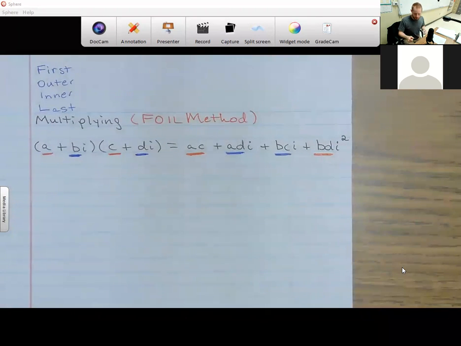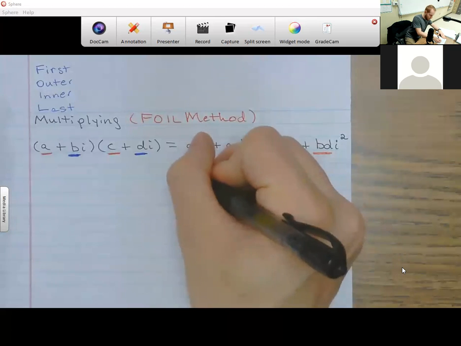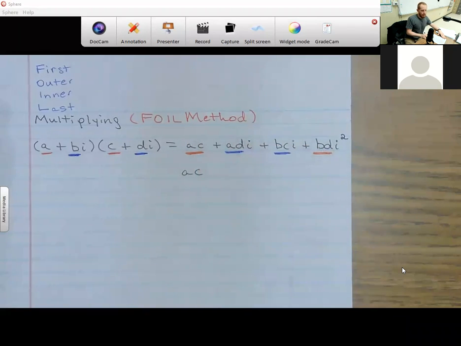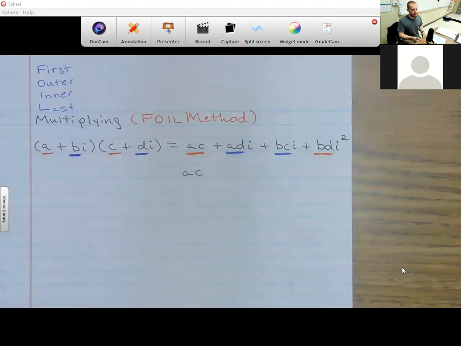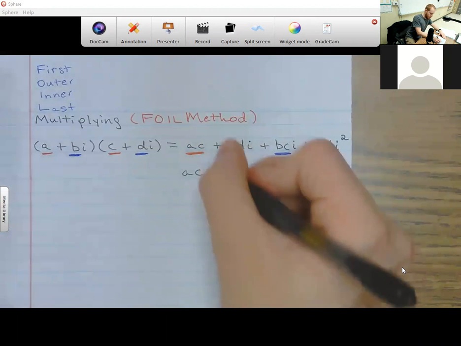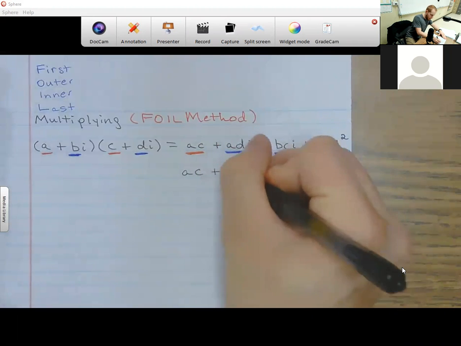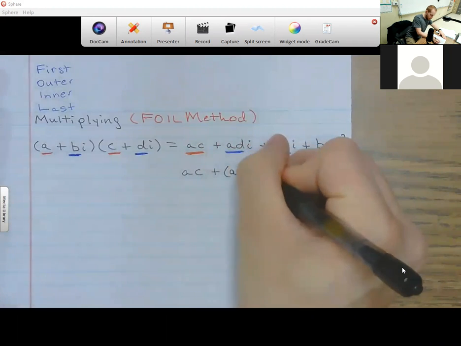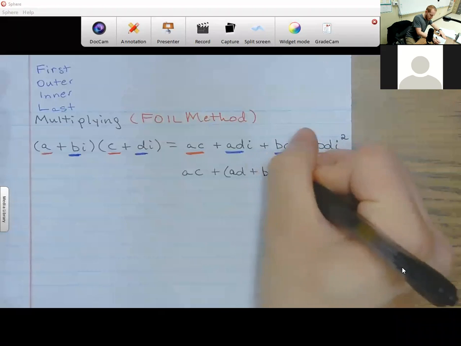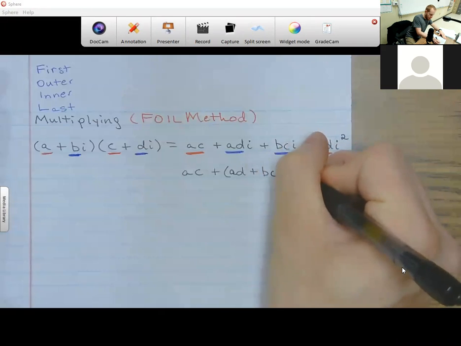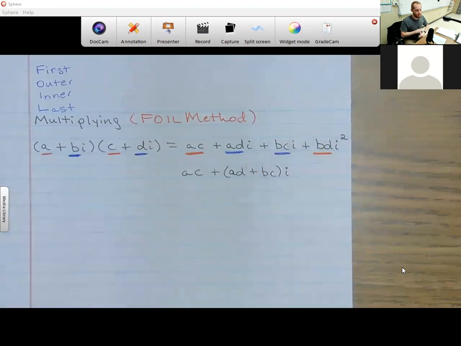So how does this all work out? Well, the AC is going to come down just like it is. And then once I take down that AC, I've got two middle parts that I'm going to put together: AD plus BC. And I'm going to put an I outside the parentheses.